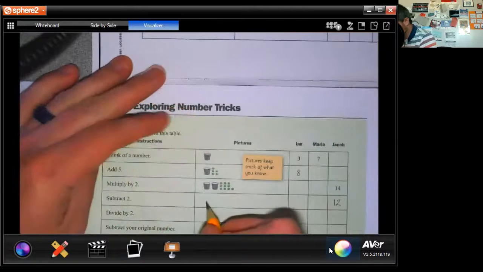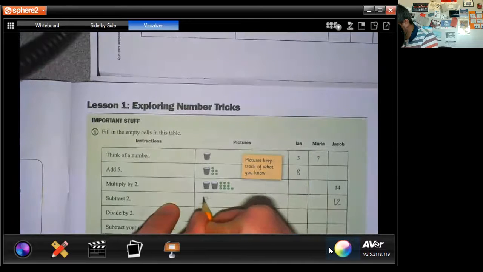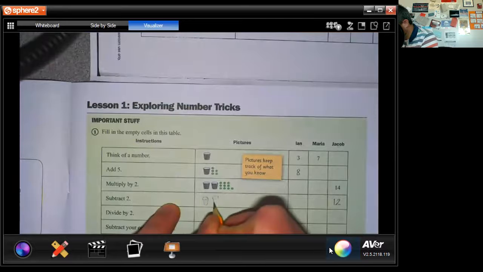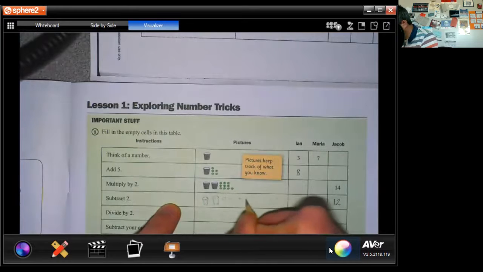Okay, so subtract 2, so I took away 2 marbles. So I still have my cup or my buckets. So if I take 2 dots away, then I have 1, 2, 3, 4, 5, 6, 7, 8. I'm going to draw it kind of how I did on the other page.